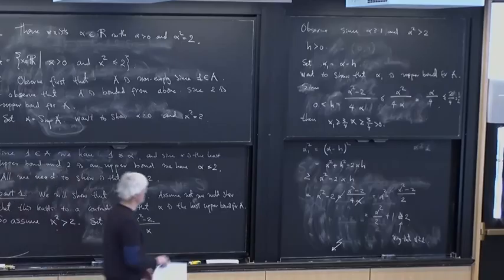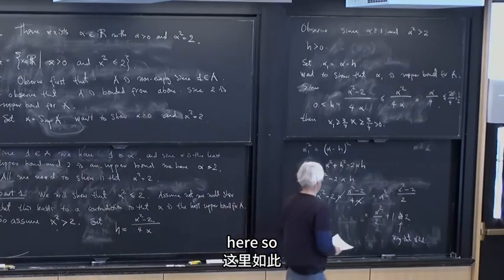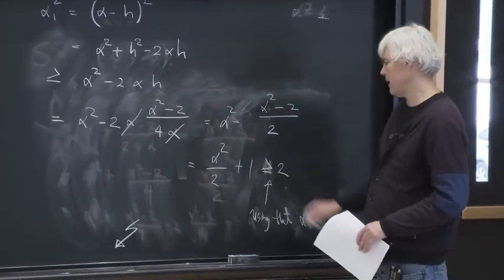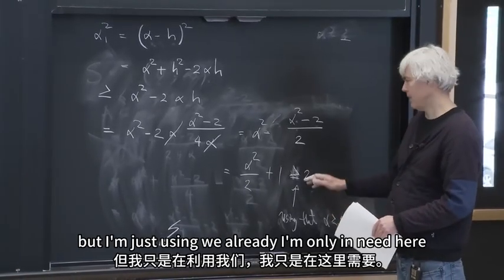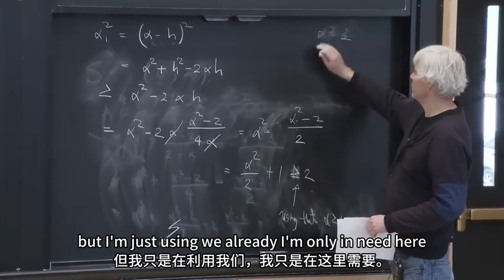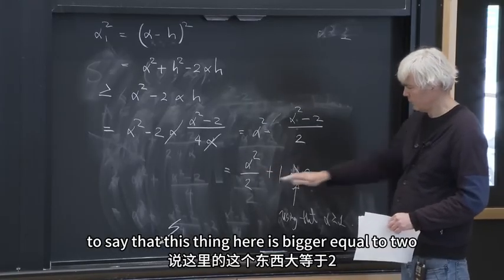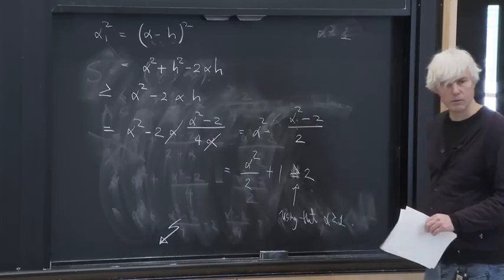Sorry? I was just confused because I plugged in alpha last time. Of course, alpha is much bigger than 1, but I only need here that alpha is bigger or equal to 1 to say that this thing here is bigger or equal to 2. Greater than 2, right?